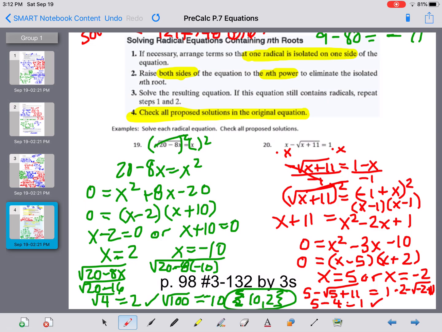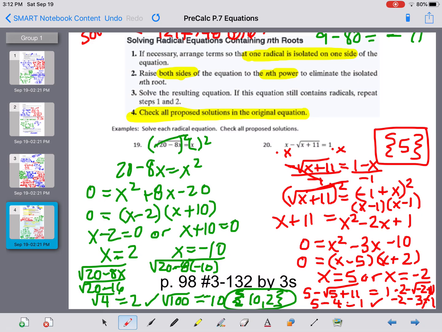Okay, so negative 2 plus 11 is 9. So I get negative 2 minus the square root of 9, which is 3. Does that equal 1? No, it does not. That one does not check. So the only answer I want to use here is 5. Don't use that negative 2. Okay, so make sure you do a plug and chug to check for that.